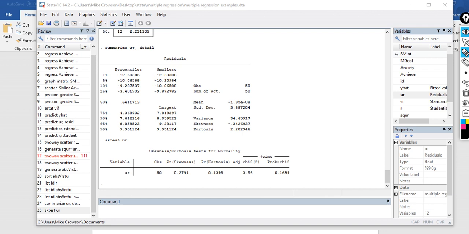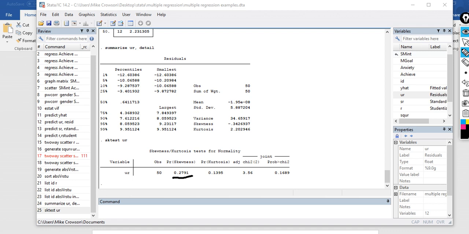So we have a probability value associated with skewness. Keep in mind that when you're using tests like this, the null hypothesis is that the data are consistent with a normal distribution. The alternative hypothesis is that the data are inconsistent with the assumption, in this case, normality.